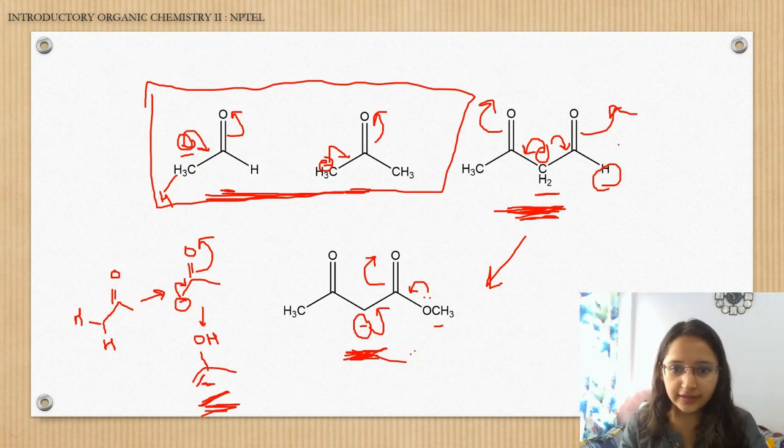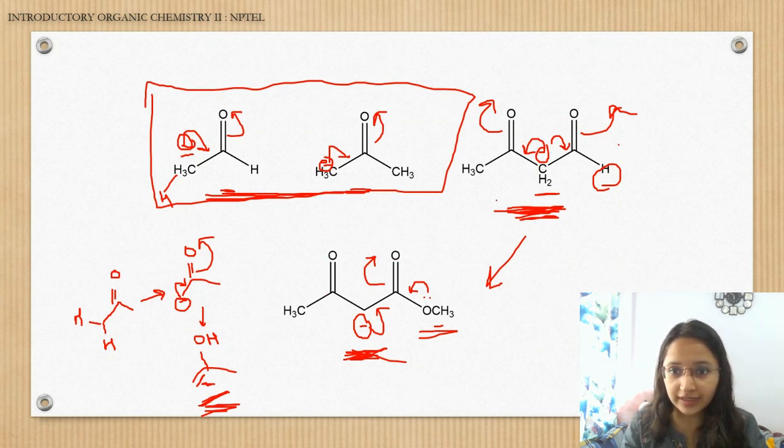See, here this oxygen is in conjugation with this carbonyl, so that is why it makes it difficult for this carbanion to resonate with this carbonyl. There is a hindrance because of this ester oxygen. That is why this carbanion is not that much delocalized with this carbonyl.